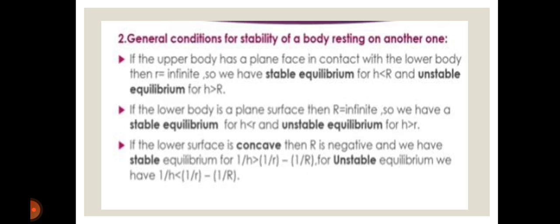So we have a stable equilibrium for H less than R and unstable equilibrium for H greater than R. If the lower surface is concave, then R is negative and we have a stable equilibrium for 1 by H greater than 1 by r minus 1 by R. For unstable equilibrium, we have 1 by H less than 1 by r minus 1 by capital R.